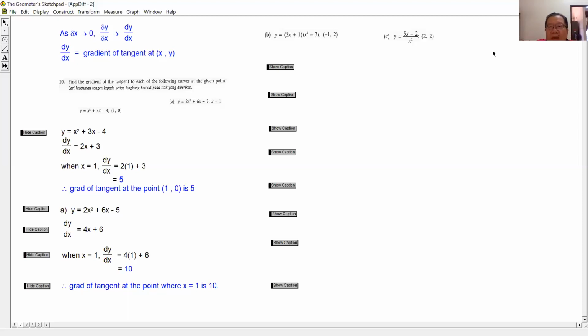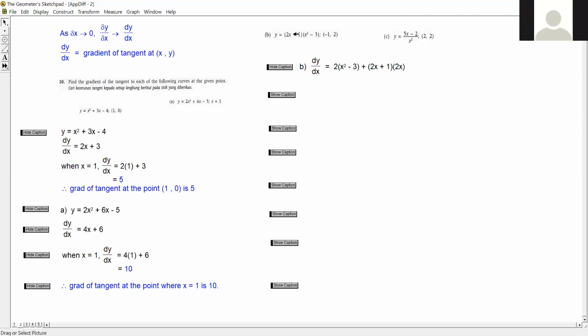So part B, I have to differentiate y with respect to x using the product rule. I'm going to explain to you how to use product rule again. Can you see the two brackets here?